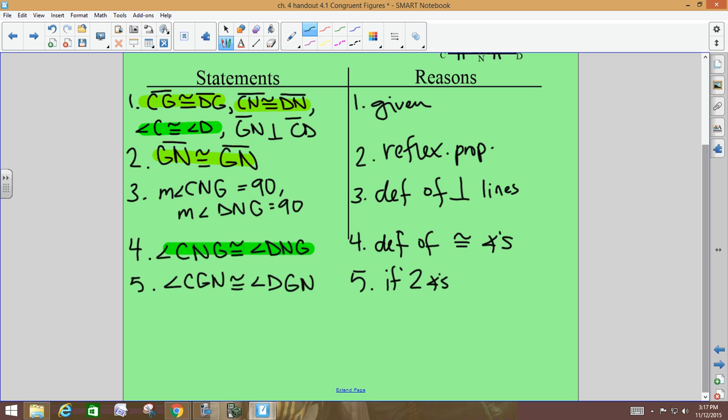If two angles of one triangle are congruent to two angles of another, comma, third angles are congruent. My comma is replacing the word then. I have my word if.